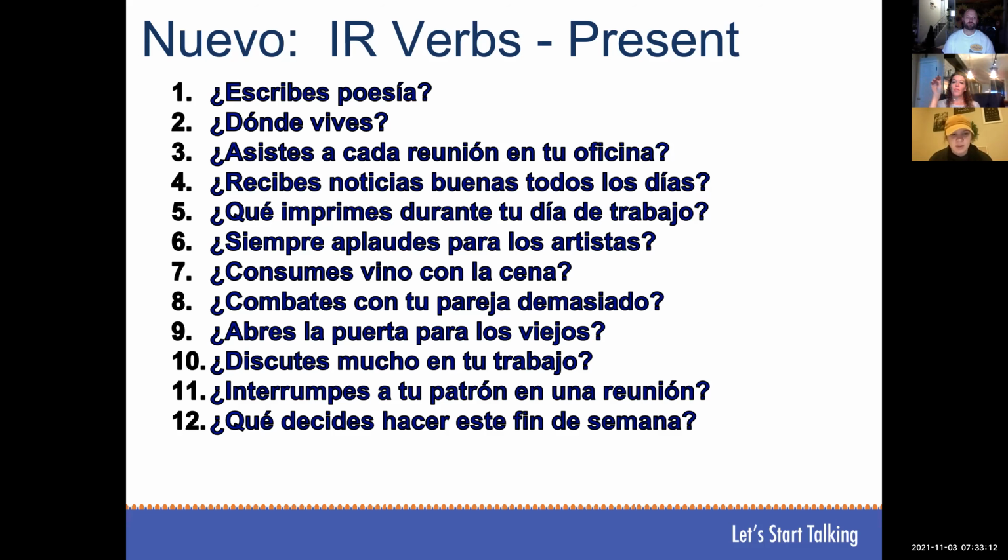¿Discutes mucho en tu trabajo? No discuto mucho en mi trabajo. ¿Interrumpes a tu patrón en una reunión? No interrumpo a mi patrón en una reunión.